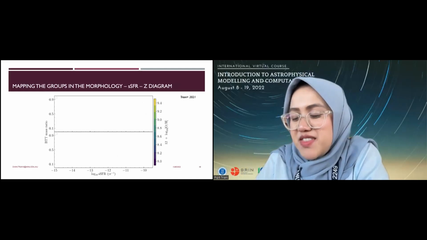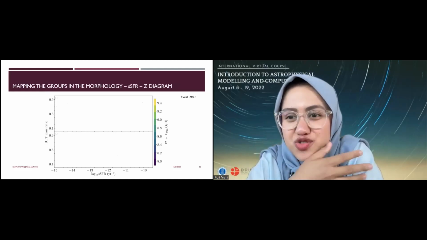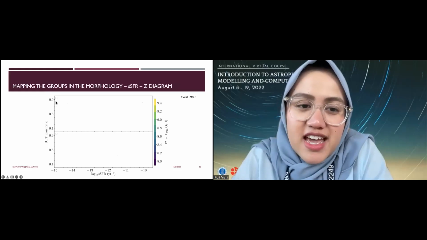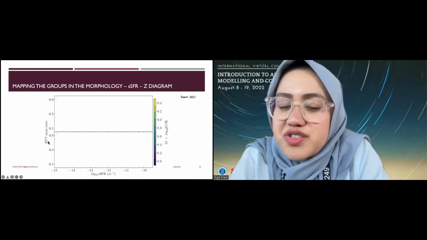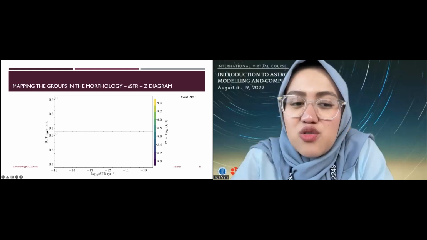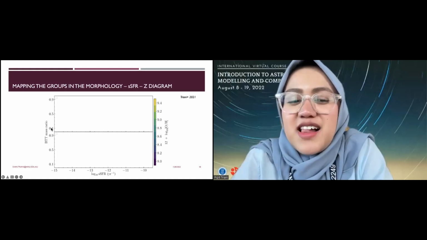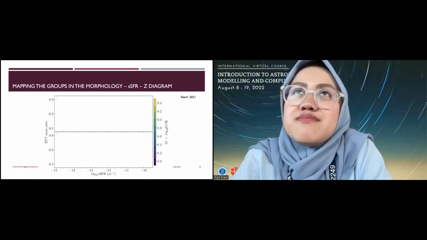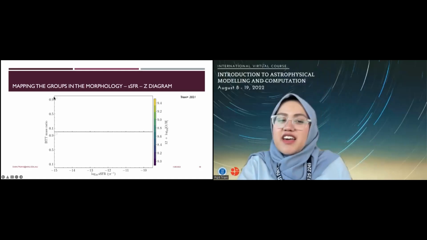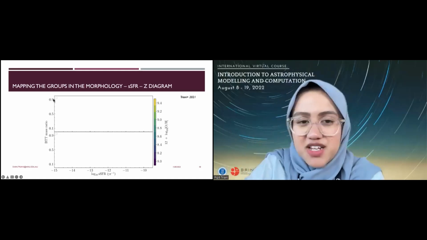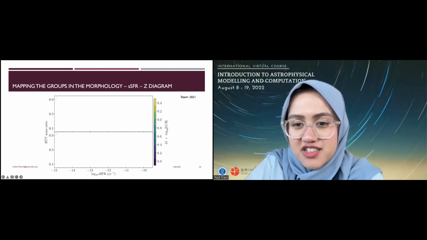Now, this diagram shows so many things, so let's break it down slowly. The y-axis shows the bulge-to-total mass ratio. So the low ratio will be held by spiral galaxies, and the high ratio is bulgy elliptical galaxies. So elliptical galaxies are up here, spiral galaxies are down here.